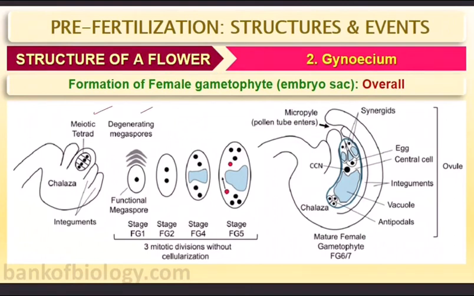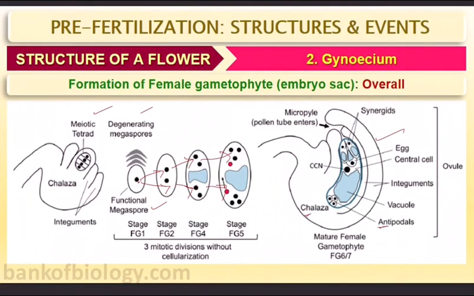Now, formation of the female gametophyte overall. So this is the meiotic tetrad, with degenerating megaspores. 1 functional spore will be formed, and in stage 2 this nucleus divides mitotically into 2. These 2 will become 4 nucleate, 4 nucleate will become 8 nucleate, and the 8 nucleate will be arranged in this form. So the mature female gametophyte will have a structure like this.